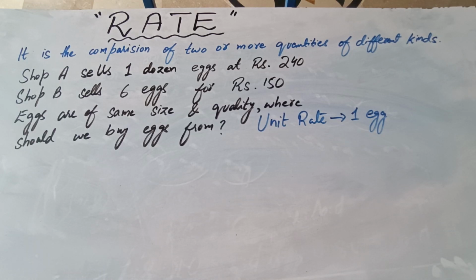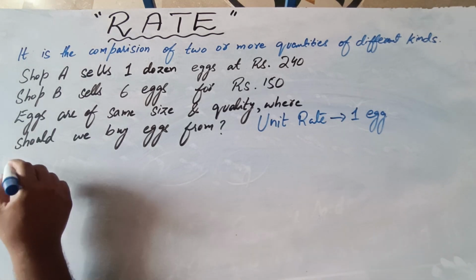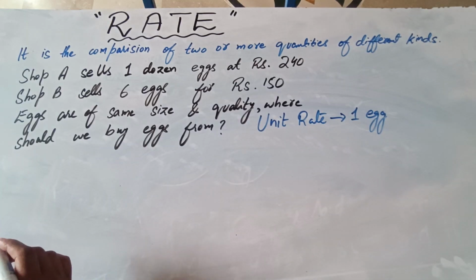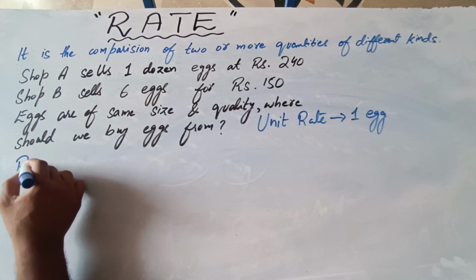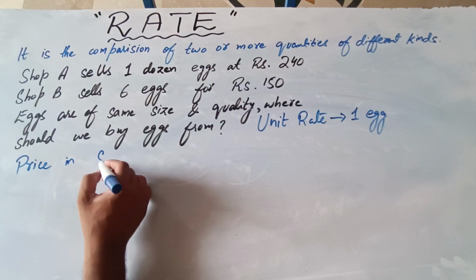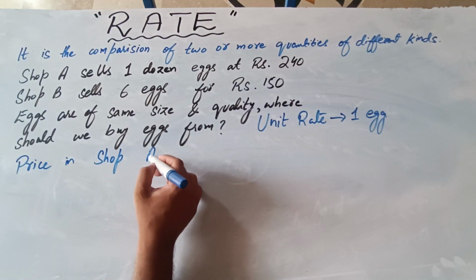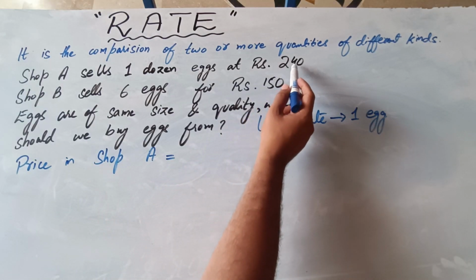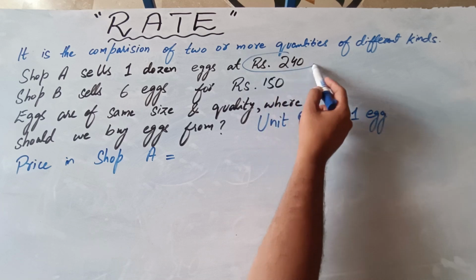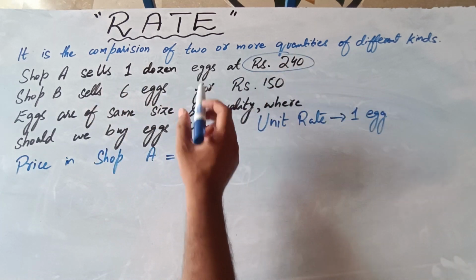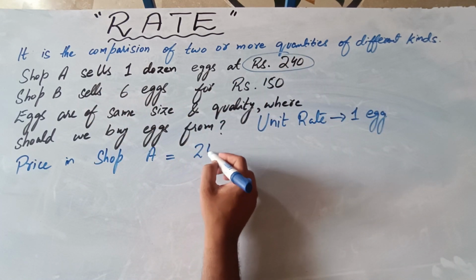So first of all, let's find out the price in shop A. So we will divide the cost of 1 dozen eggs by the number of eggs.